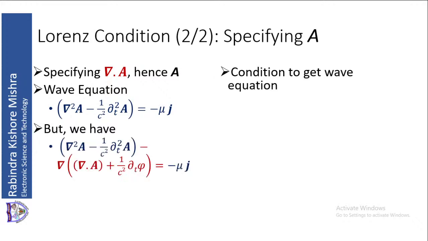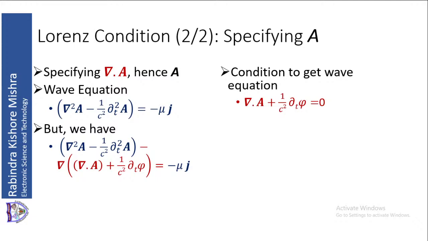But we also have this term: del square A minus 1 by c square dot square tA minus gradient of two terms, divergence of A plus 1 by c square dot t phi, is equal to minus mu J. If we compare this with the wave equation, then the condition to get the wave equation from the second equation is that the second term, or the second factor, must become 0.